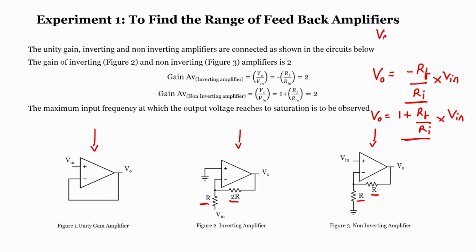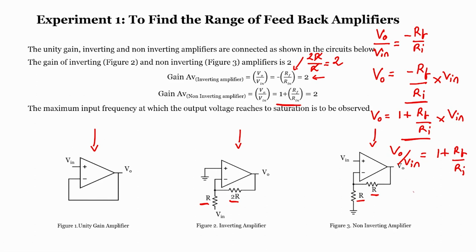If I say VO by V in equals minus RF by R in, this is the equation.